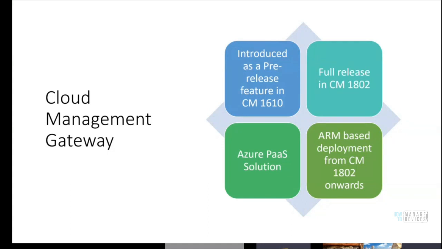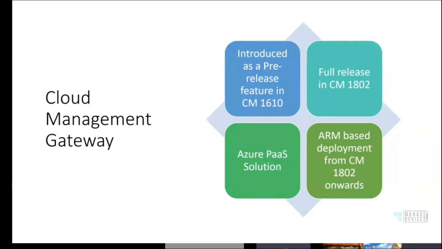It is an Azure PaaS solution. So what is PaaS? PaaS is platform as a service, which means that Microsoft solely controls the environment. So you don't need to worry about how the cloud management gateway is getting patched, or how the network is configured, or how the Azure network NSG is configured. You don't need to worry about anything.